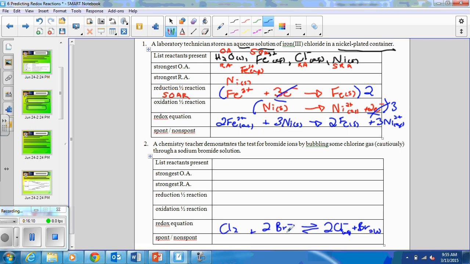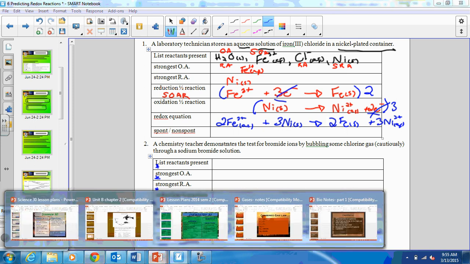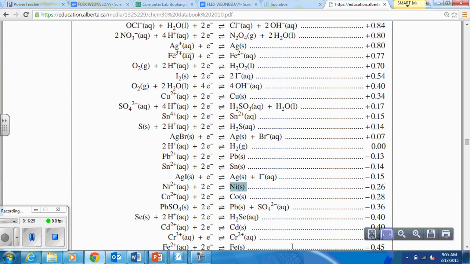This is aqueous, and this is a gas. So go through, list the entities present, identify the OA, RA half reactions, and you should come up with this as your net. And then I would like you to go to page 7 and locate your OA and your RA and see which is higher, predict the spontaneity.